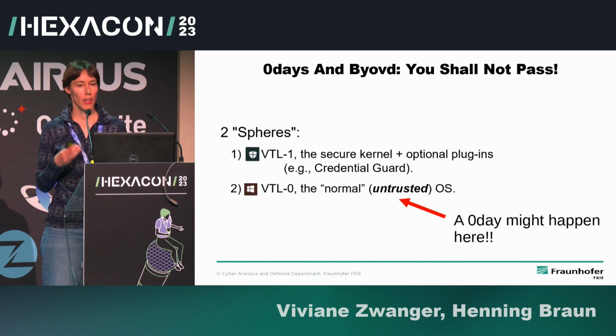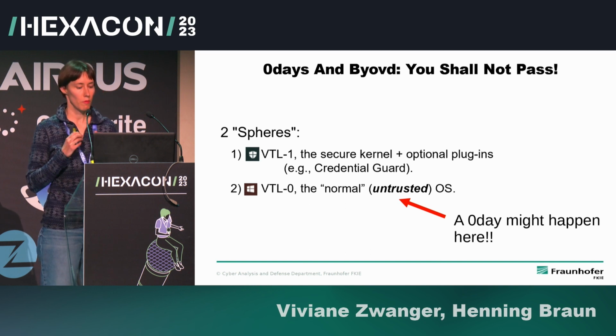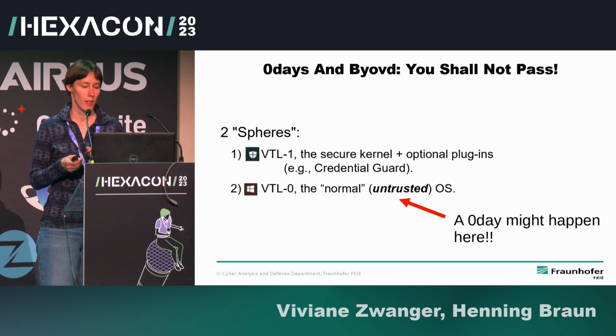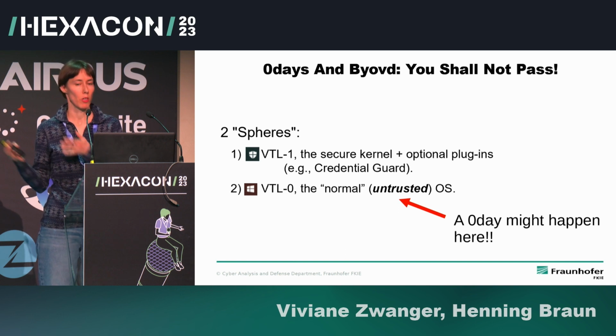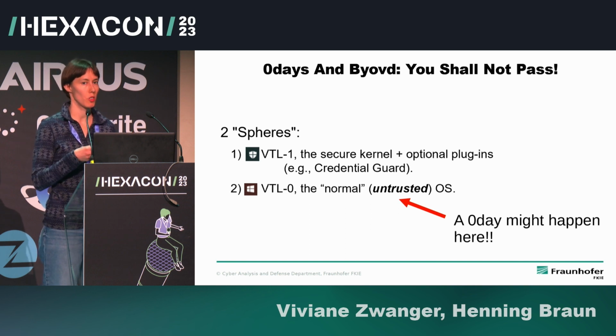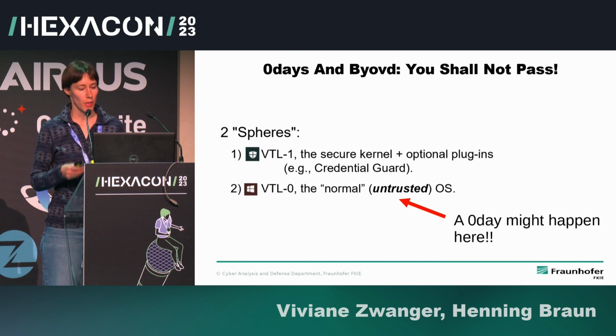And again, the threat model is that your operating system is untrusted and that at any time there can happen a 0 day. That's the threat model, or maybe also a vulnerable driver, whatever. And there will be an attacker and it has a read-write primitive and it might try to corrupt your kernel memory.